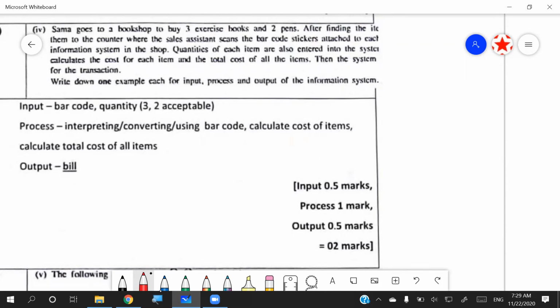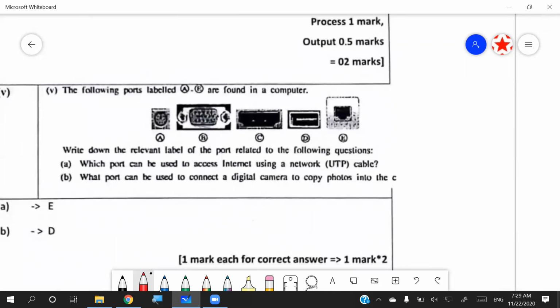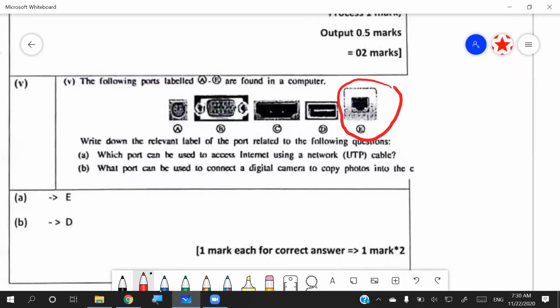All right, moving forward, the fifth one. They are talking about some ports and machines. Which port can be used to access the internet using a network UTP cable, which is the RJ45, which is the E port, right? So A is E and B is D, the port that can be used to connect a digital camera, right? You can take it as the USB, because HDMI will help you to connect a multimedia projector or a monitor.